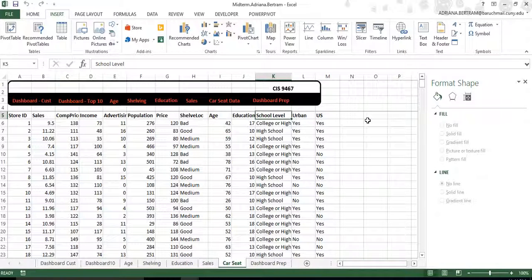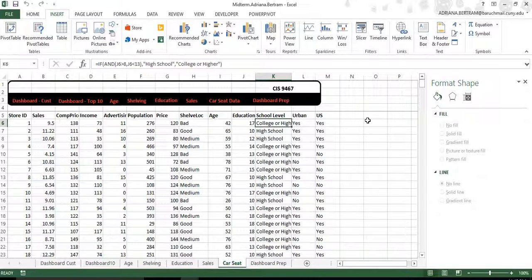This particular variable, school level, I created myself, and that has to do with personal preference. For instance, we have education at 17. For me, that's a little weird. I'm used to saying either college or maybe even 10th grade, but we all know that is high school. So instead of saying the 17th grade, I did an if statement.